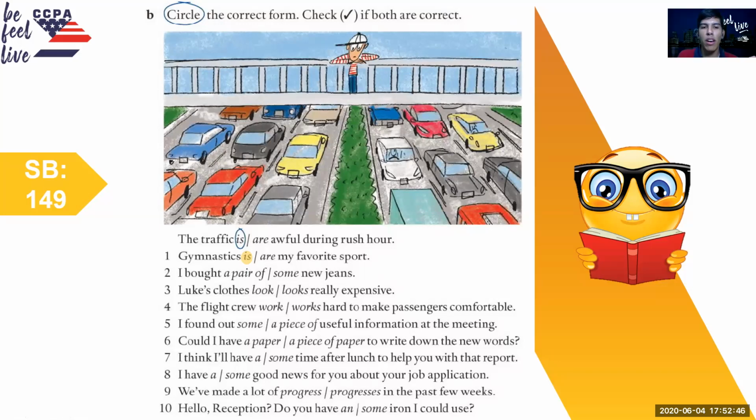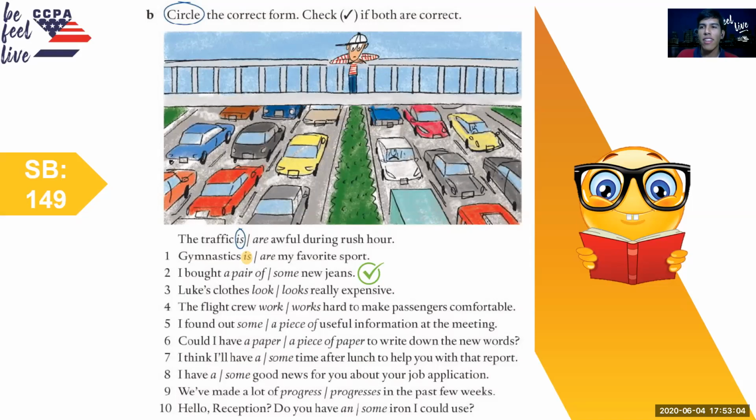Can we say I bought some? I think it's just a pair of, no some. Okay. In this case, it's plural, so we can use some as well, okay? Great, no problems with that, because a pair of jeans or some new jeans, both options would be correct, okay?